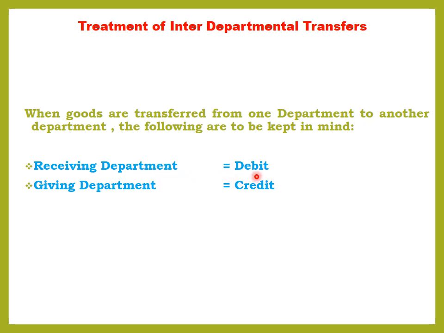Receiving department should be debited and giving department should be credited. The department that transfers should be credited and the department that receives should be debited. In short, transferor department credit, transferee department debit.